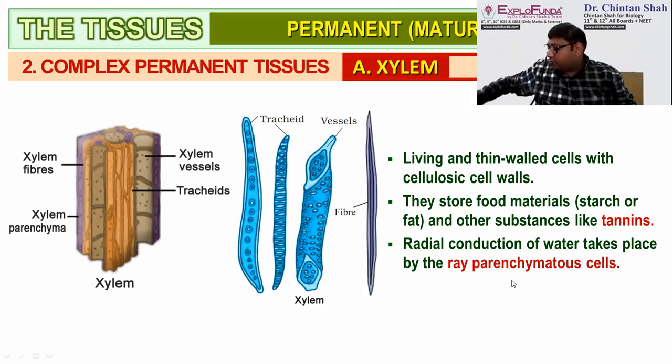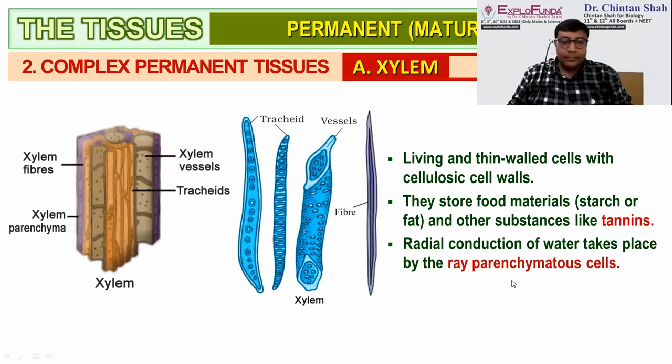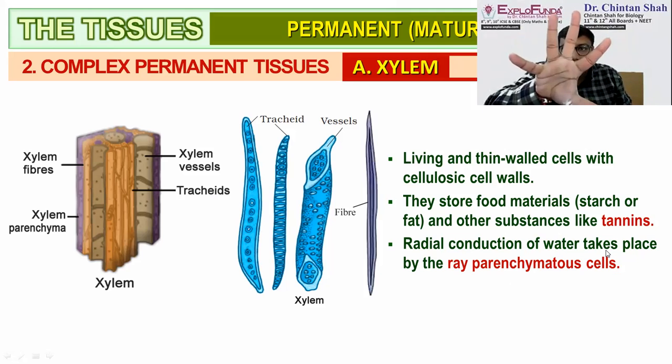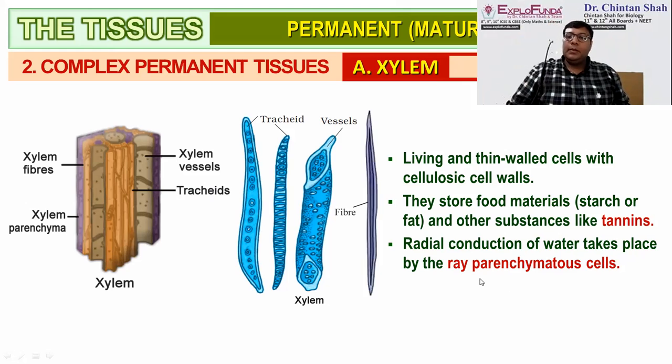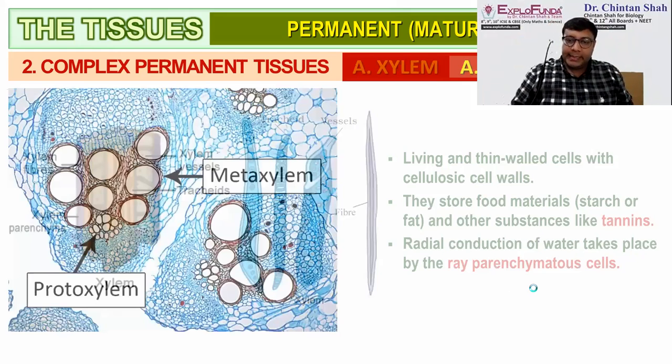That is the xylem parenchyma. Are you getting it now? So radial conduction of water spreads from the center like this, and that is possible by the ray parenchymatous cells.